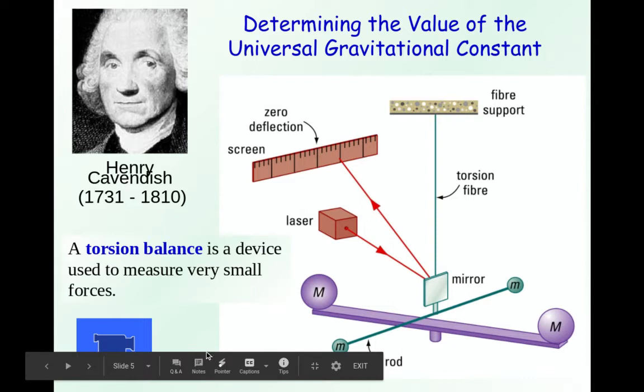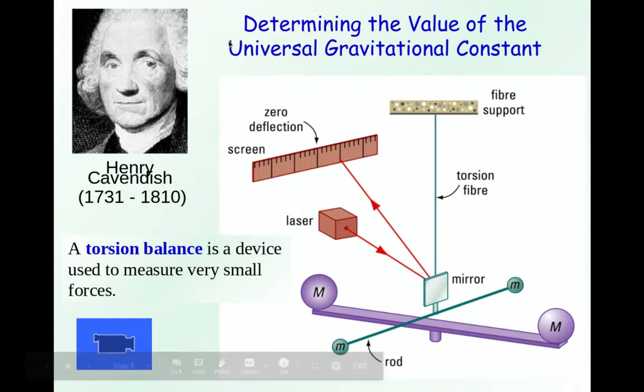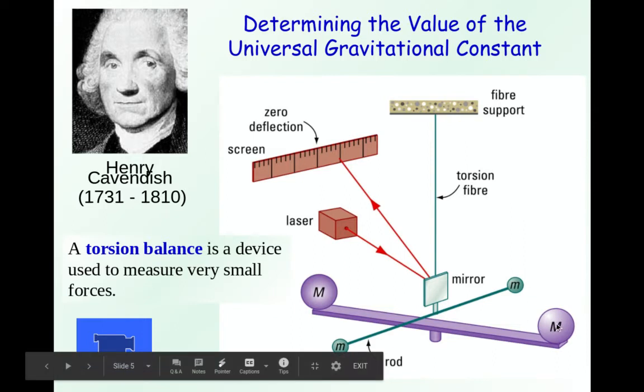Okay, and how they determine the value of the universal gravitational constant, which is capital G. Okay, Newton kind of came up with this, but had no way to measure it. Okay, Henry Cavendish was able to measure this later using a torsion balance. So he has these two different masses here, one larger mass, one smaller mass.